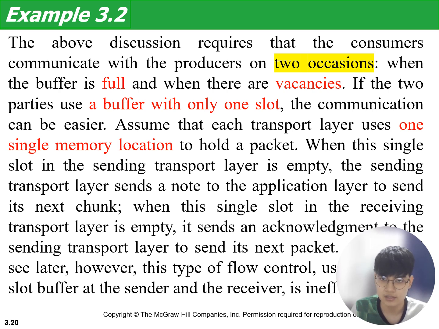Assume that each transport layer uses one single memory location to hold a packet. When this single slot in the sending transport layer is empty, the sending transport layer sends a note to the application layer to send its next chunk. When this single slot in the receiving transport layer is empty, it sends an acknowledgement to the sending transport layer to send the next packet. As we will see later, however, this type of flow control with a one-slot buffer at the sender and receiver is inefficient.